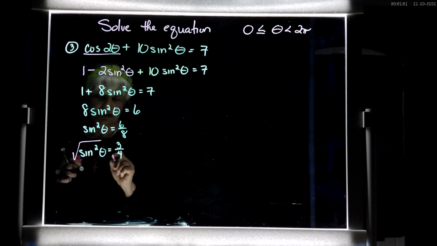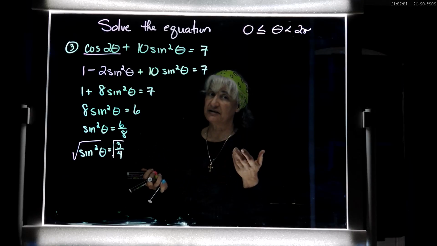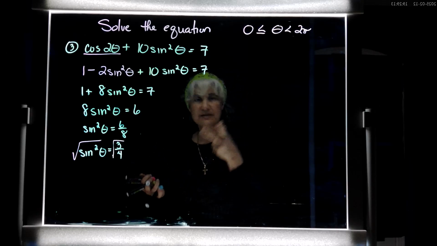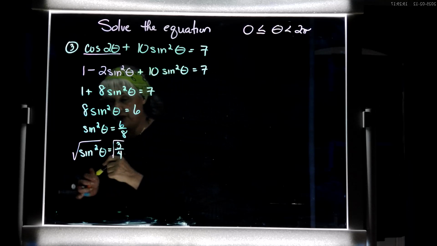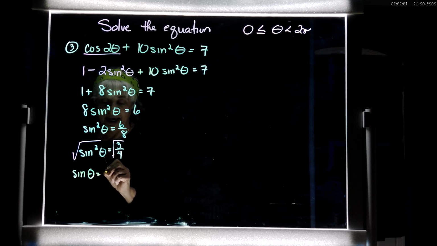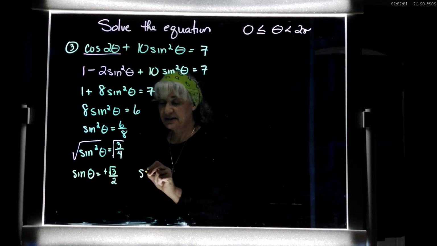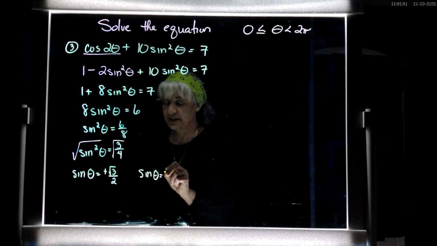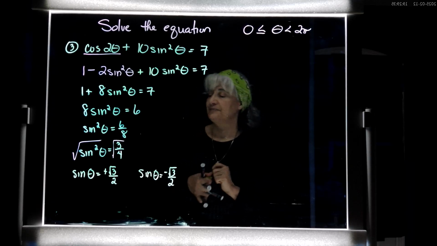Good, excellent. And when you take the square root, how many answers are you going to get? Excellent, 2 answers, because the square means you're supposed to have 2 answers here. So you're going to end up with the sine of theta equaling a positive square root of 3 over 2, right? And you're going to end up with the sine of theta equaling a negative square root of 3 over 2, aren't you? All right.